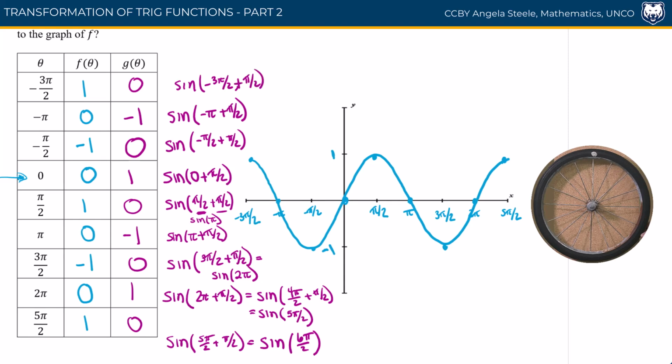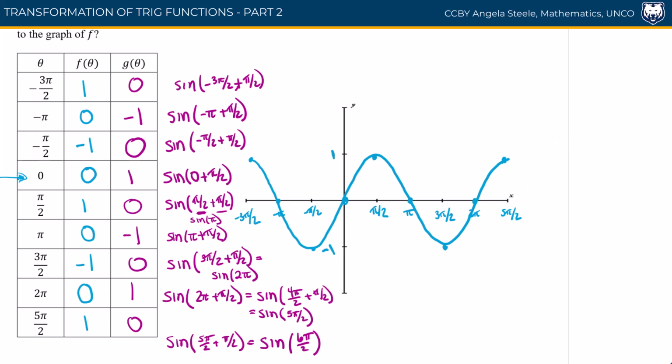So when we go negative 3 pi over 2, that means we are going clockwise all the way, so we can think about it going clockwise 270 degrees, which brings us to the 12 o'clock position. And then we move our wheel 90 degrees, which puts us at the 9 o'clock position for a vertical height of 0. So I'm just going to go ahead and erase all of these so we have room on our graph.